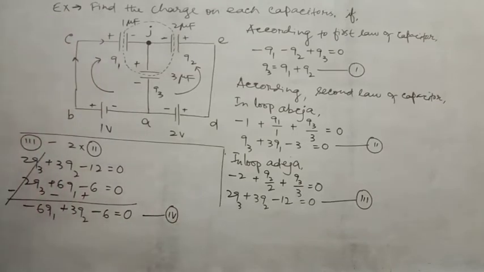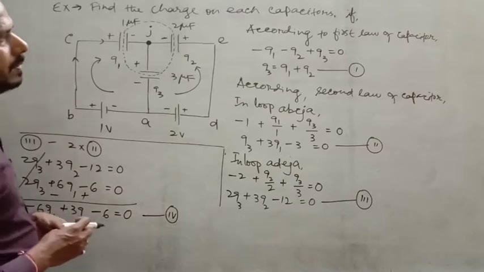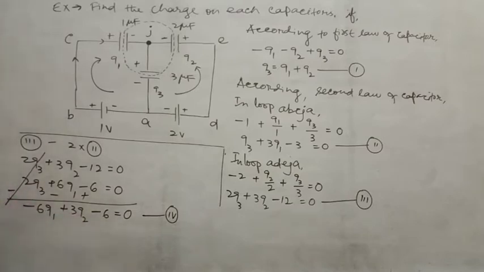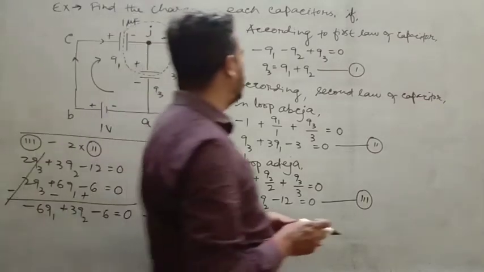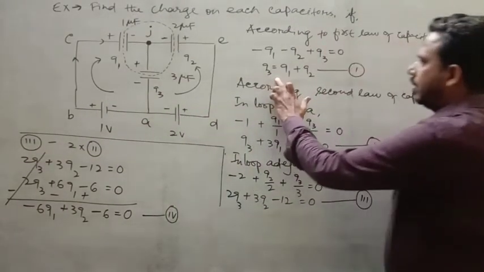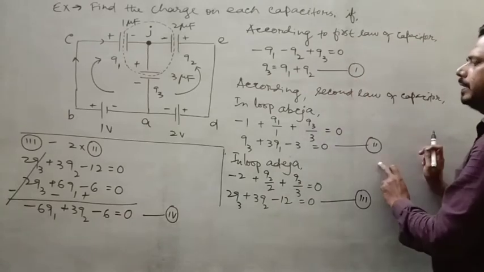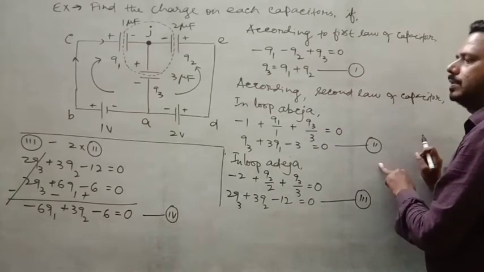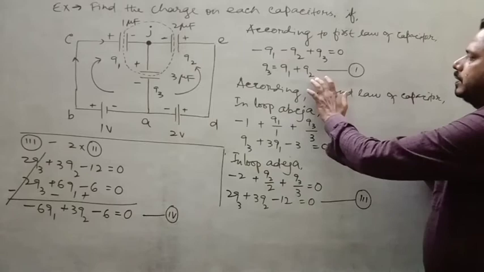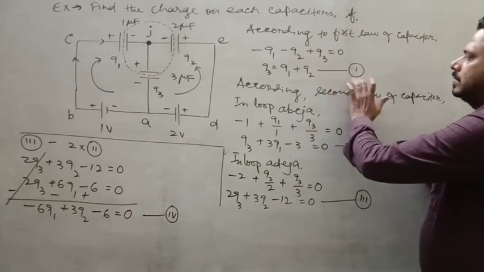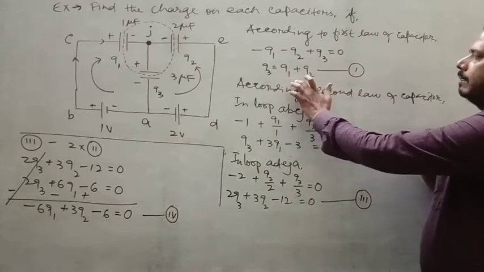You need to keep in mind equation 1, that q3 is equal to q1 plus q2. Now you just put the value of q3 from equation 1 into equation 2.